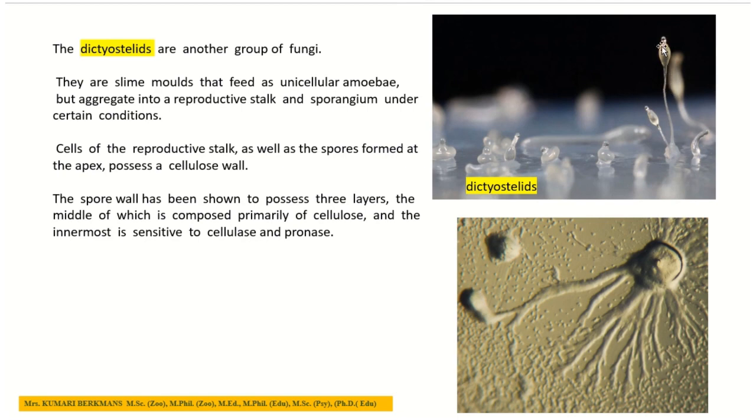The spore wall has been shown to possess three layers, the middle of which is composed primarily of cellulose, and the innermost is sensitive to cellulase and pronase. So keep in mind these enzymes, cellulase as well as pronase, which are present in dictyostelids.